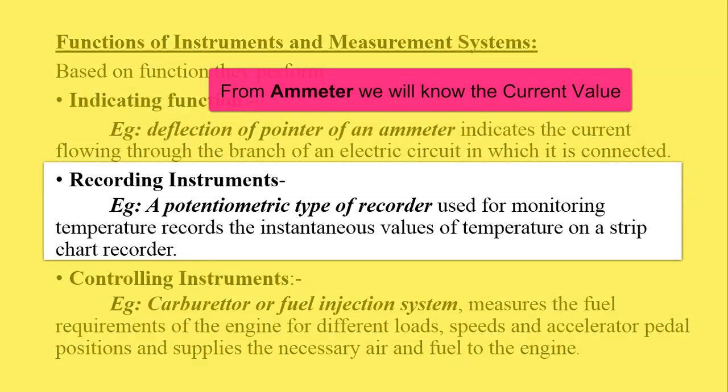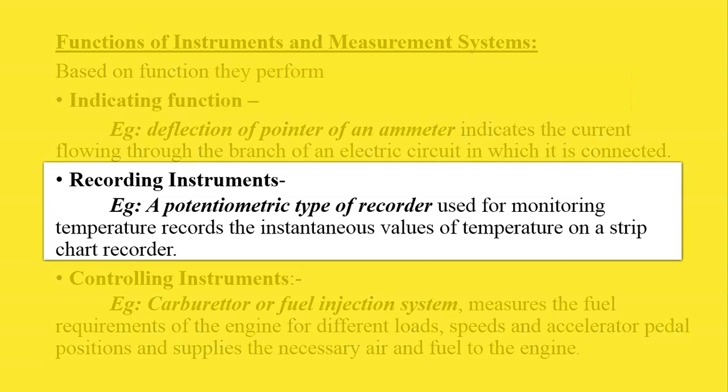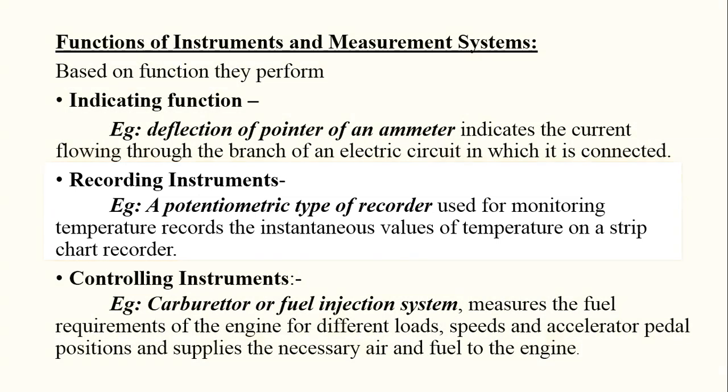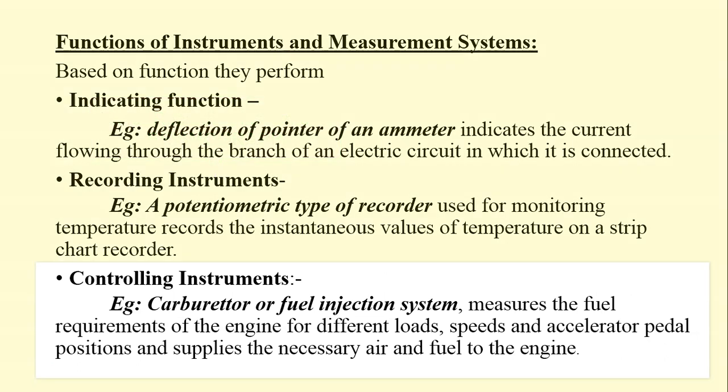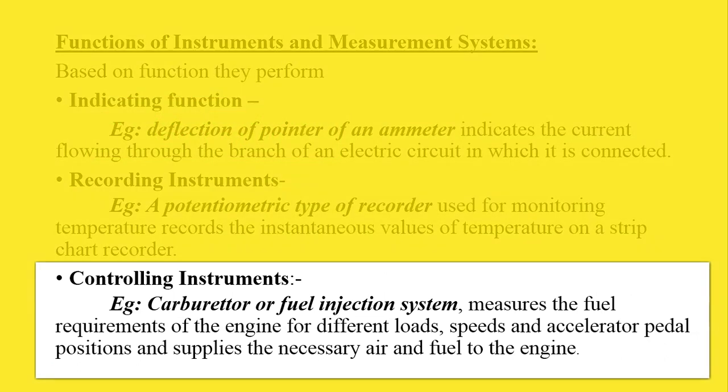Recording instrument: for example, a seismograph. A seismograph measures the earthquake level and records it on a strip chart recorder. That instrument comes under recording instruments. Controlling instrument: an example is the carburetor or fuel injection system, which is used in cars.